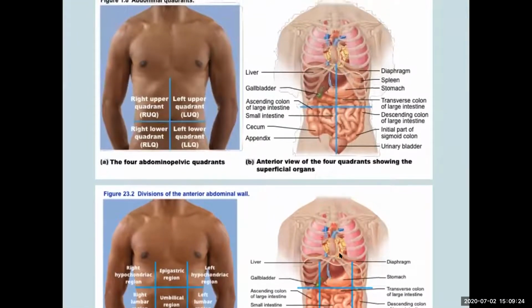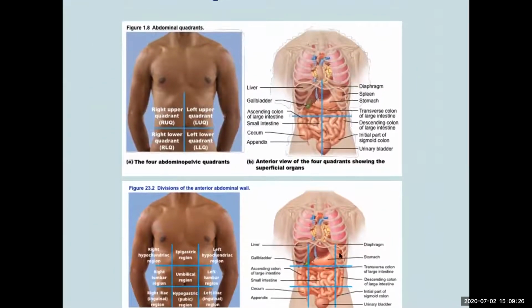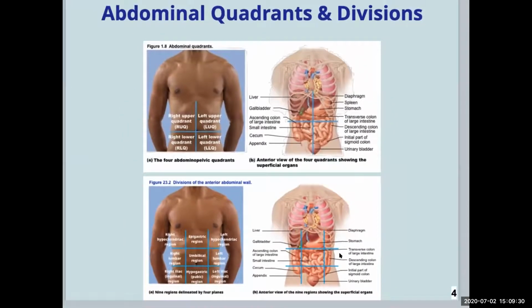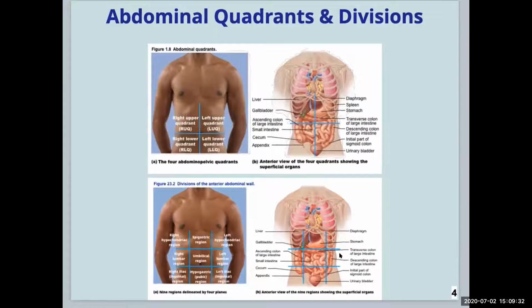Having this kind of quadrant or division is useful in the communication among healthcare professionals. For example, you may read a medical note that says a 25-year-old male with no prior medical history comes in with RUQ pain for the past 24 hours.